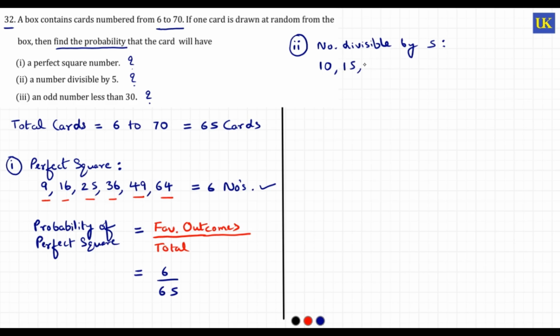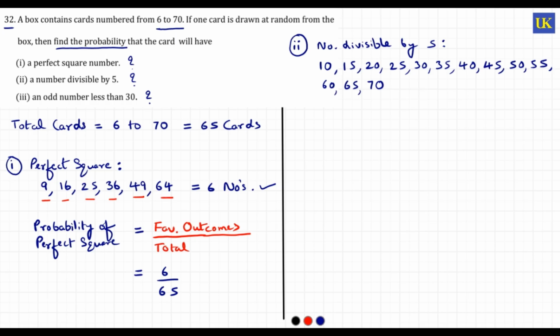So 10, 5 threes are 15, then 5 fours are 20, 5 fives are 25, then 30, then 35, then 40, then 45, 50, 55, then 60, 65, and even we can take 70 because the 70 card is there, right?